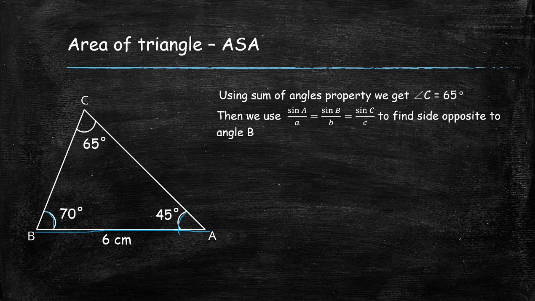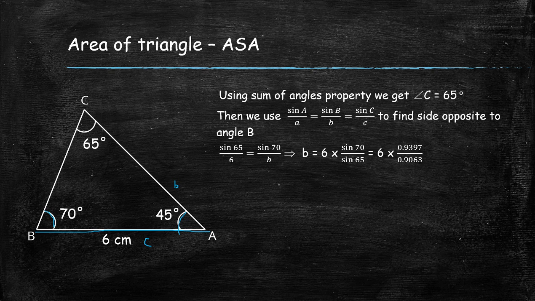Then we use the law of sines to find the opposite side to angle B. The law of sines is that sine of C upon c is equal to sine of B upon side b. Side b is opposite to angle B. So sine 65 by 6 equals sine 70 by b.